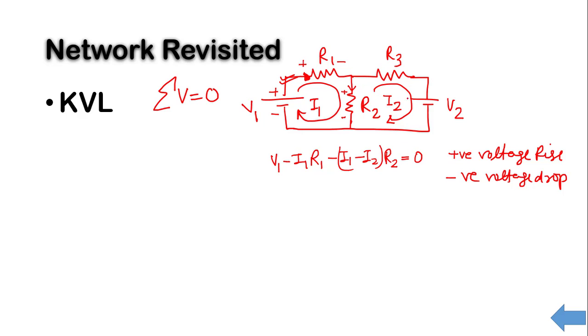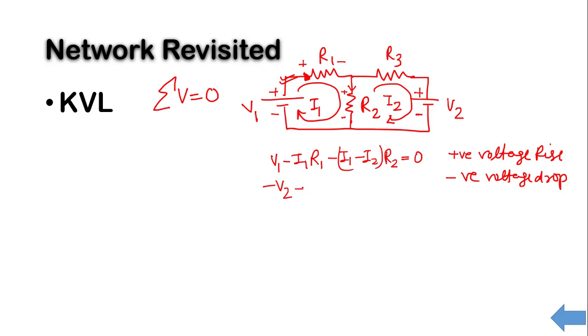Likewise, applying KVL in this loop. If I'm going in this direction while applying KVL, I'm going from positive to negative, which means there is a voltage drop. So I will take negative of V2. Likewise, I will go through R2 from this direction. Now I will give preference to the current I2.